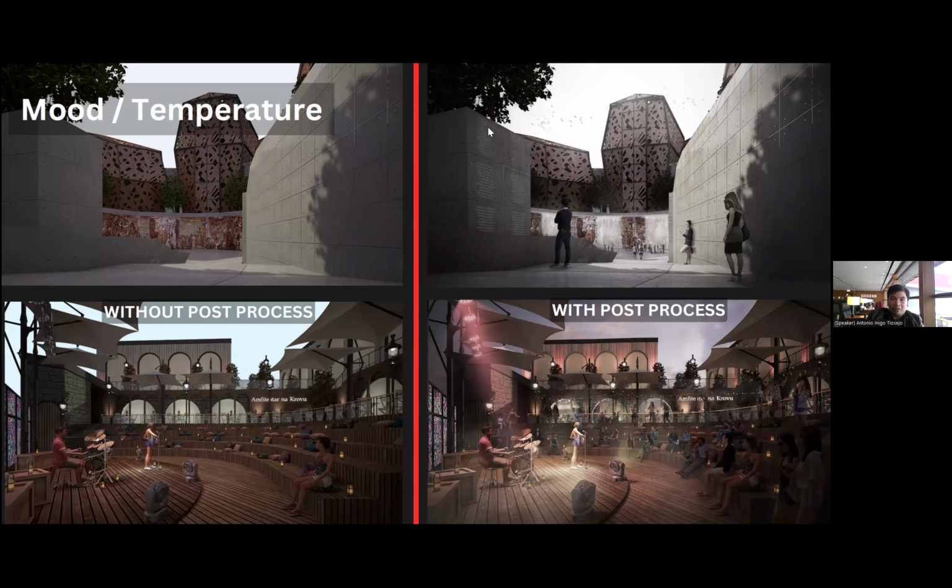Pero now we're talking about mood and temperature here. Look at the difference between these two. You want a solemn, peaceful, or let's say on the sad side. Then let's use a tone that's very desaturated on the grays, medyo bluish, and then compare it with the festive one, the concert hall.